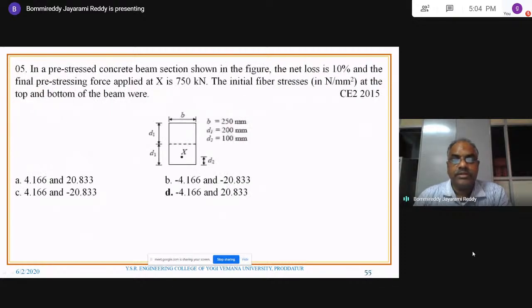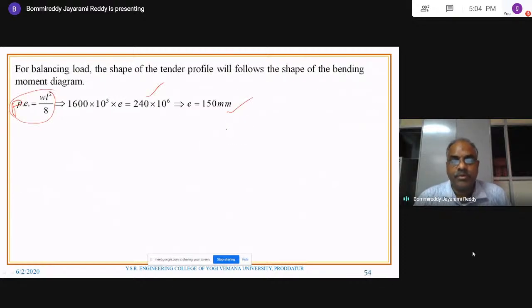Okay, like that, there are some more problems. Actually, I have to finish this topic by today, but I will take 15 to 20 minutes tomorrow at the beginning for completion of all numerical problems in the loss of prestress and the remaining in the analysis. Afterwards, I will switch over to another topic, PERT and CPM, that is the construction management part.